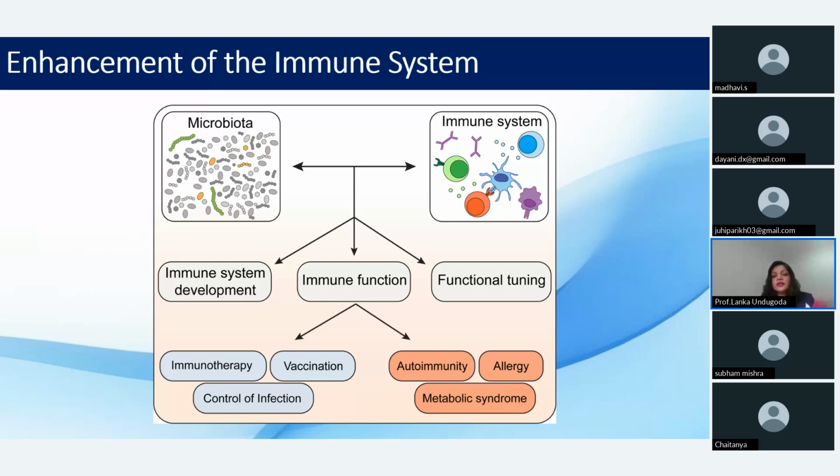Other than this gut brain axis, the important point is your immune system actually. When it comes to the immune system, if you have a very balanced microbiota, every time you can expect a good immune system. You know this microbiome prohibits invasion of the pathogens into your body.